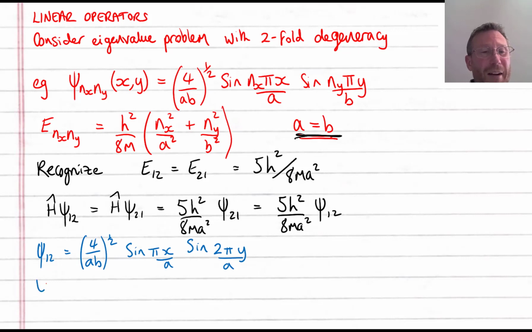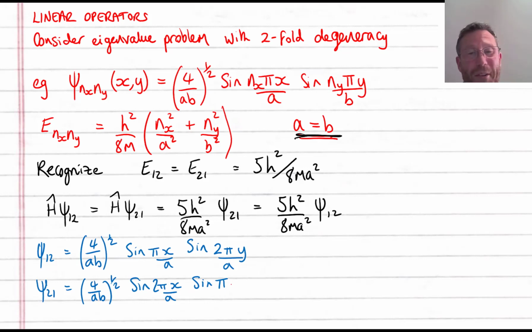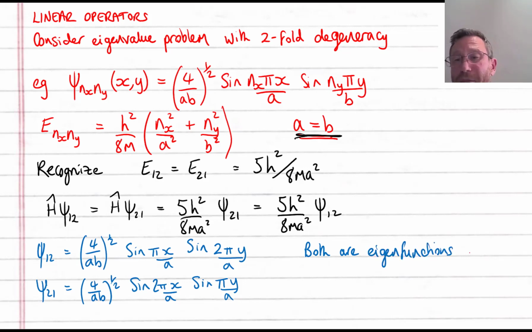We can also write out psi 2,1. That's going to be equal to 4 over ab, again to the half, the same constant in front, but now we've got sine 2 pi x over a, sine pi y over a, because now we've got the 1 in here. So what we recognize here formally is both are eigenfunctions having the same eigenvalue.